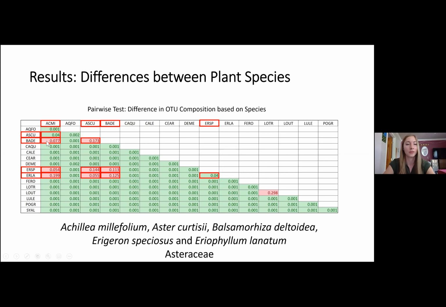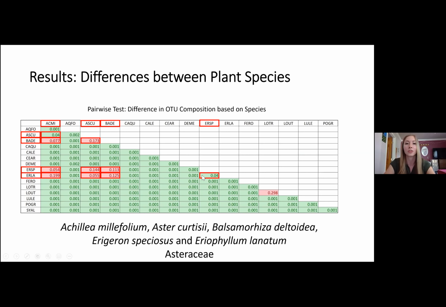However, that wasn't universal. For ascu and acme, the p-value was 0.04, which is smaller than 0.05, indicating that there are differences between these plant species in their OTU composition. But notice that that value is actually pretty close to 0.05, especially compared to the other p-values, which are closer to 0.001 or 0.002.